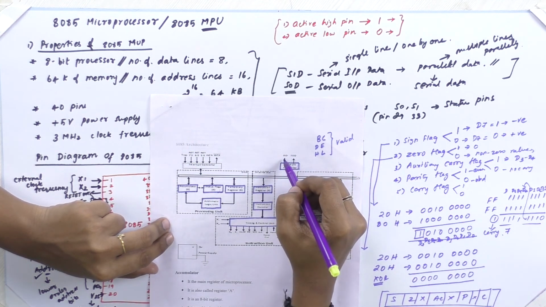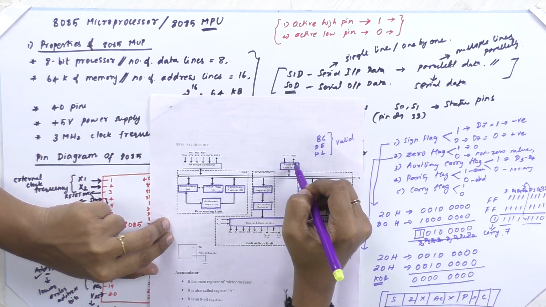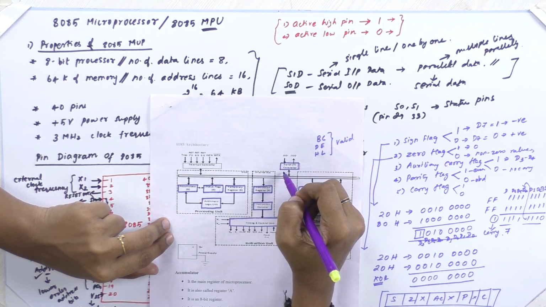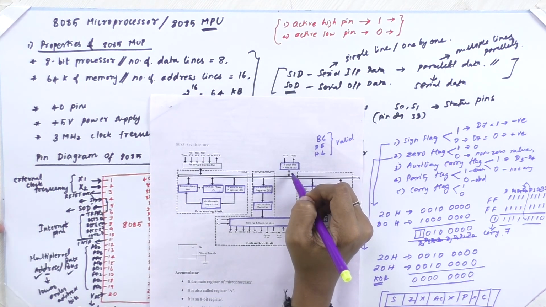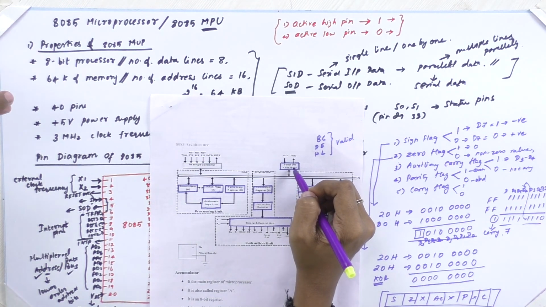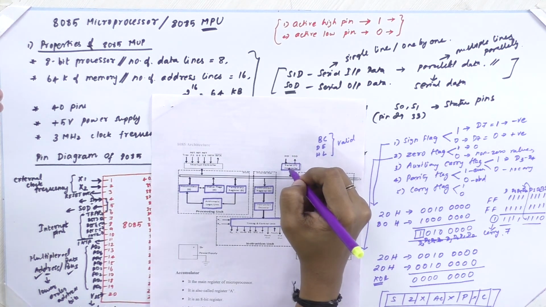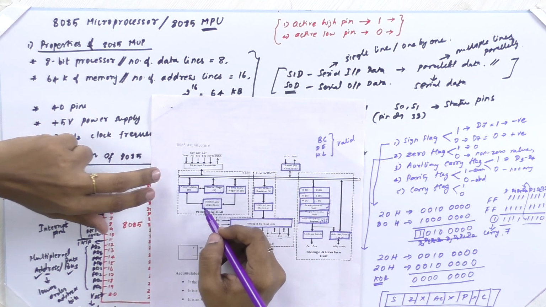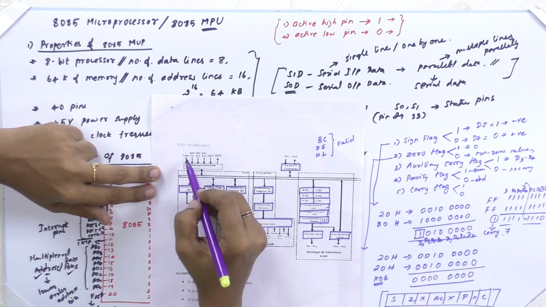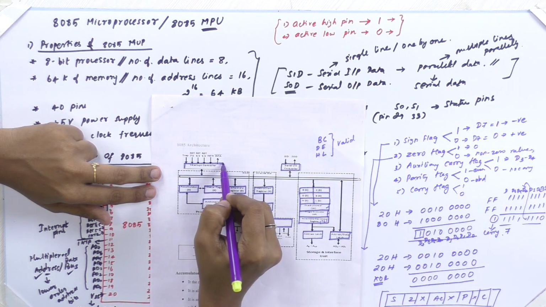So whenever serial data is received from this pin SID, it will be converted to parallel data internally by the serial I/O controller. And again the parallel data will be sent as serial data to the corresponding peripheral devices.